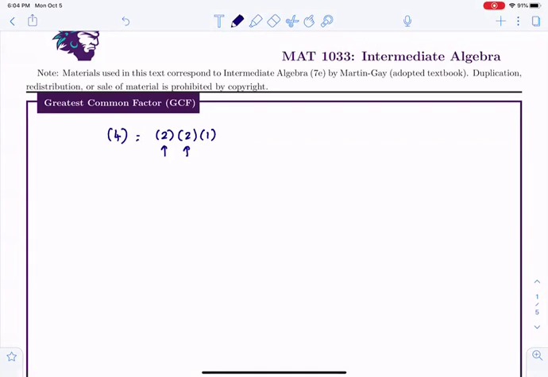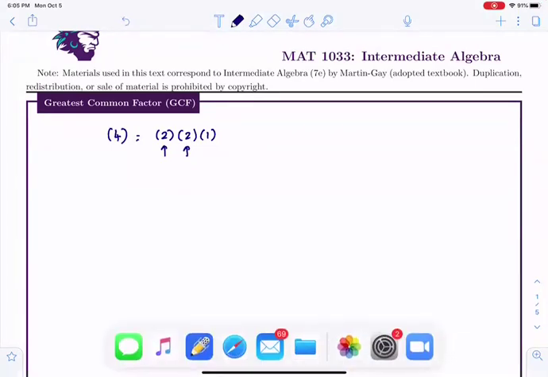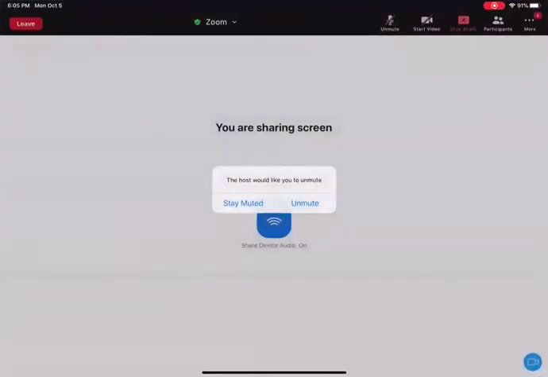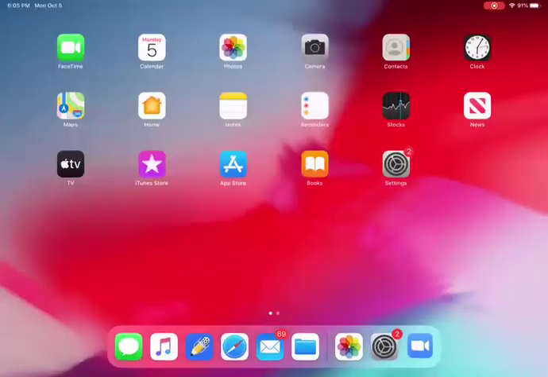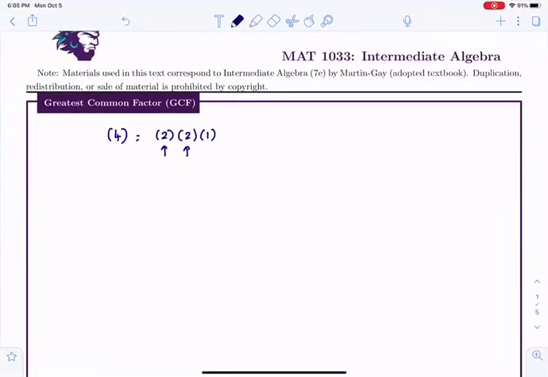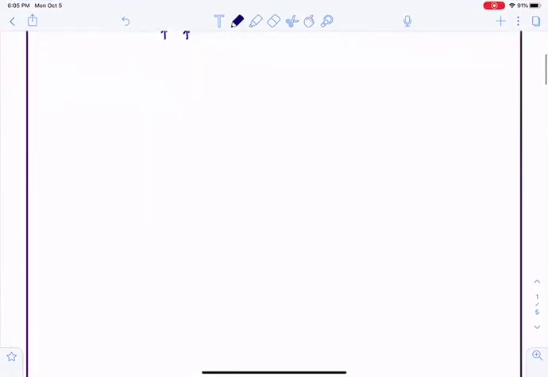By default, what we have are 2 factors and 1 to be a factor of any number.